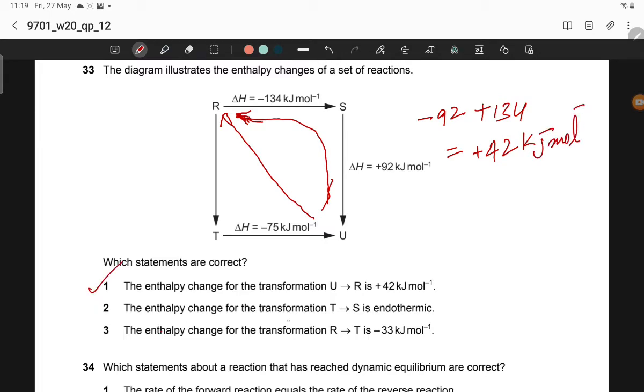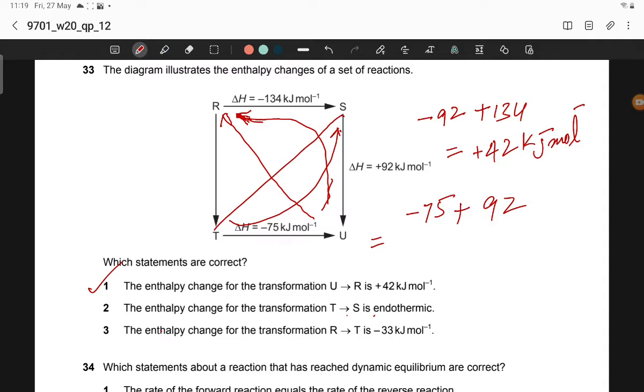The enthalpy change for the transformation T to S. Minus 75 plus 92.